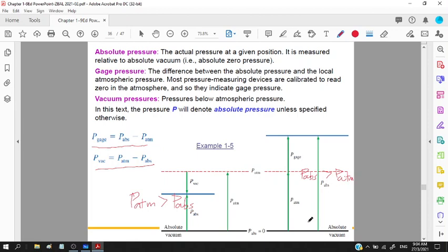As though the pressure inside a cylinder or any closed vessel, as though the thermodynamic system is trying to get out of the tank. So this is called the gauge pressure.